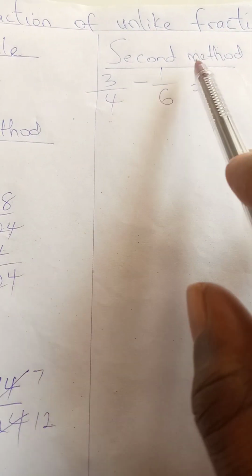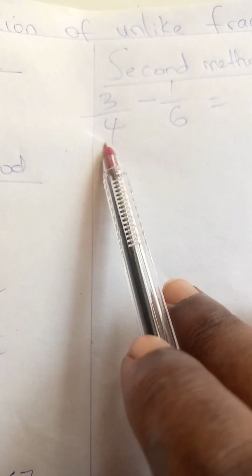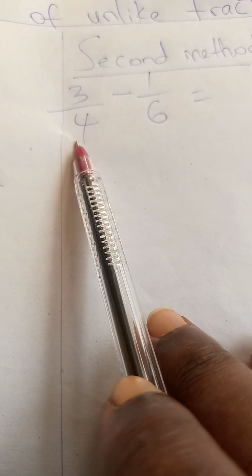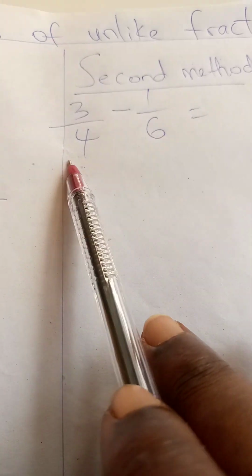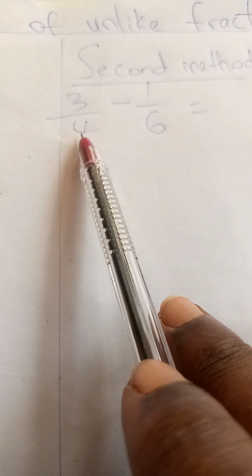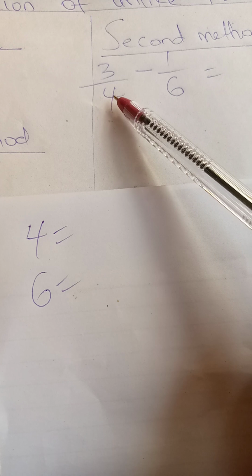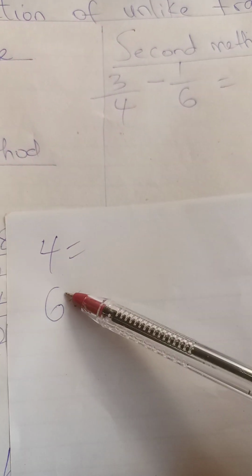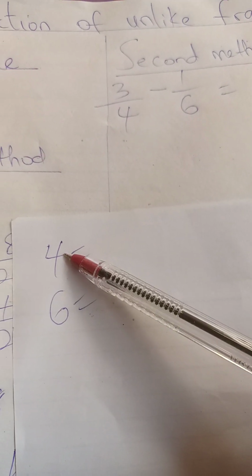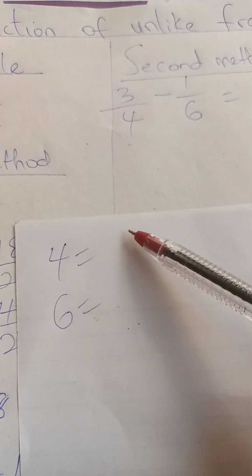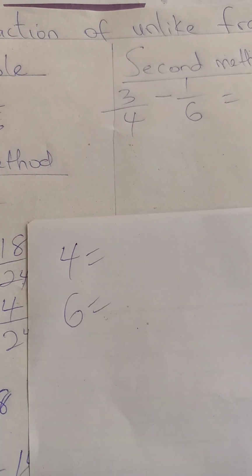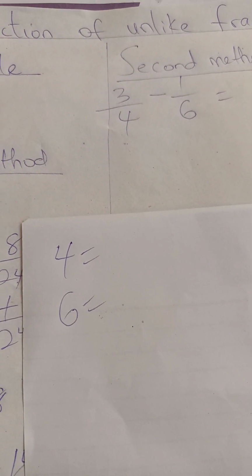And for the second method, I'll look for the LCM of these denominators, 4 and 6. How can I achieve my aim? I'll do this by using the multiples of 4 and the multiples of 6, meaning I'll count in 4 and I'll count in 6.